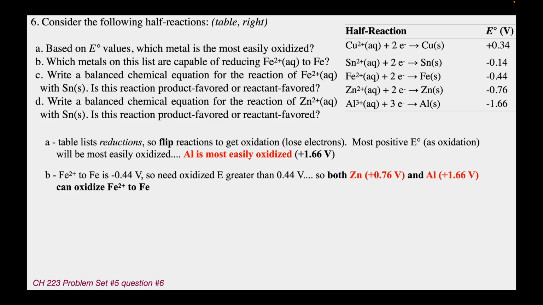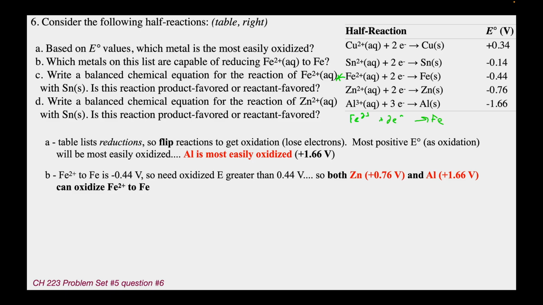For C, it says write a balanced chemical equation for the reaction of iron 2 plus with tin. Okay, so the iron 2 plus reaction is already in the table there. And so we would have Fe2 plus plus 2 electrons making iron.